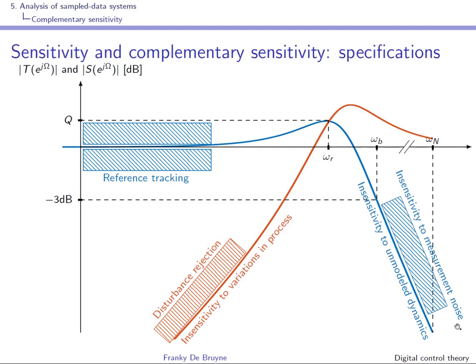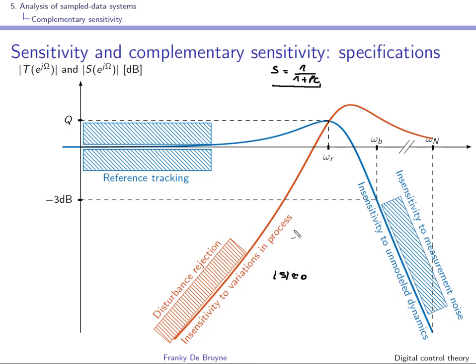We can now combine with the specifications that we had on the sensitivity function. Remember that the sensitivity function is 1 over 1 plus PC, right? And we had seen that typically in the low frequency ranges we want a modulus of S that is approximately 0.